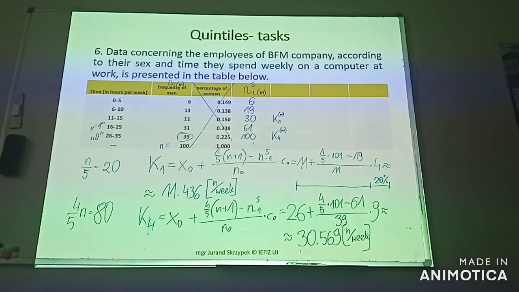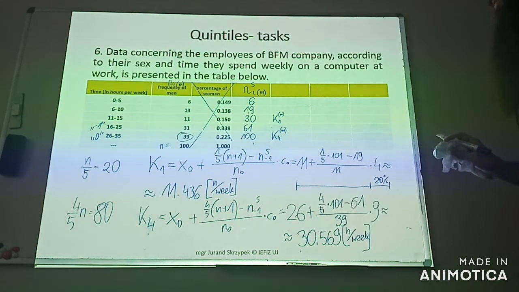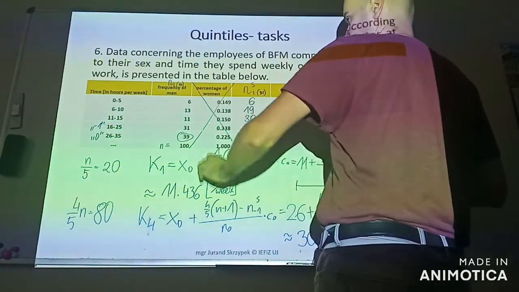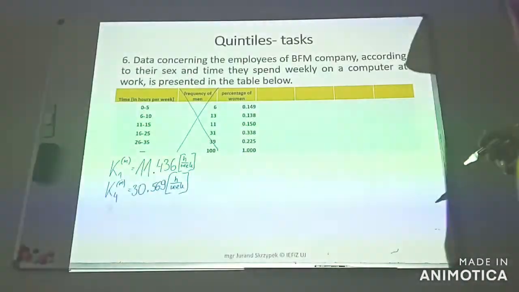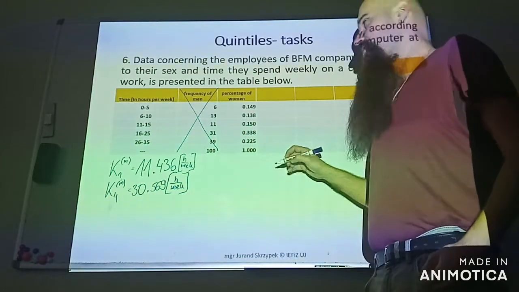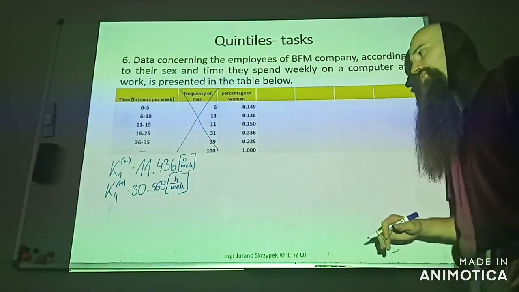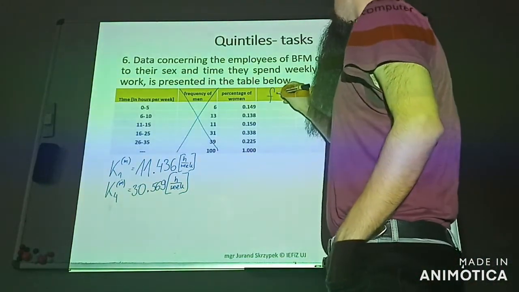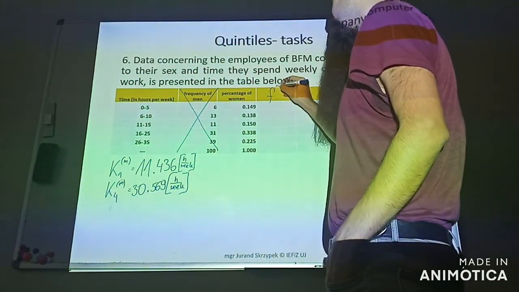Okay, we can do the same thing on the basis of the data concerning the percentage of women. If we perform it on the percentages, the whole process is very similar to the previous one. The first step is to compute the cumulative relative frequencies.